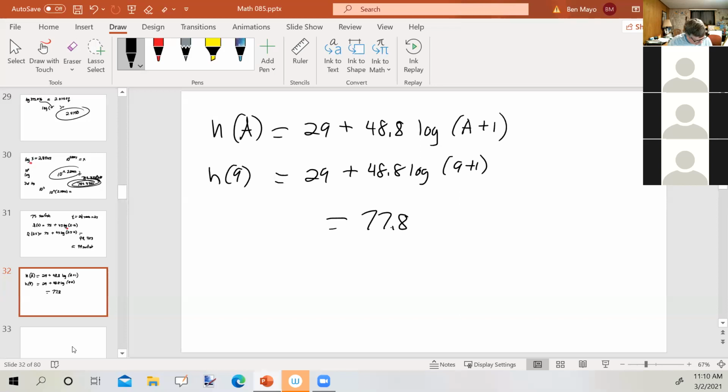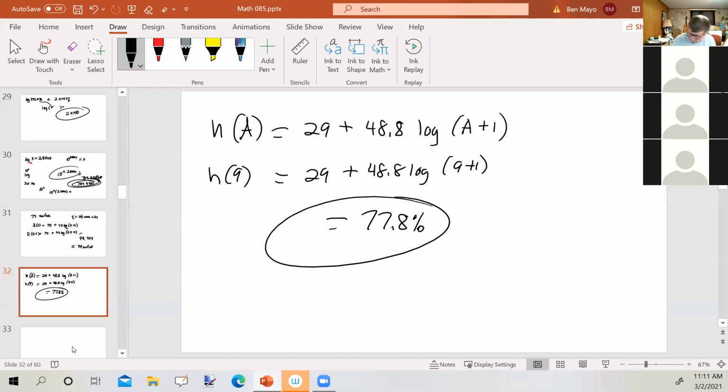Now, it said what percent? So this is a percentage. That means by age 9, an average male child has reached 77.8% of their adult height. Any questions about that?